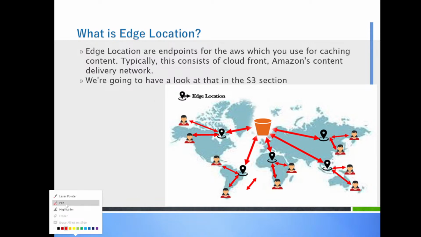Agree? So here what we have learned is that Amazon has this feature where, if a website is hosted in some different region, you can cache the data of that website, just like Wikipedia.